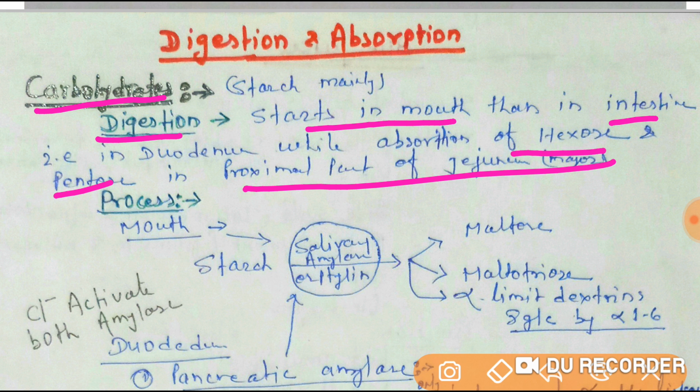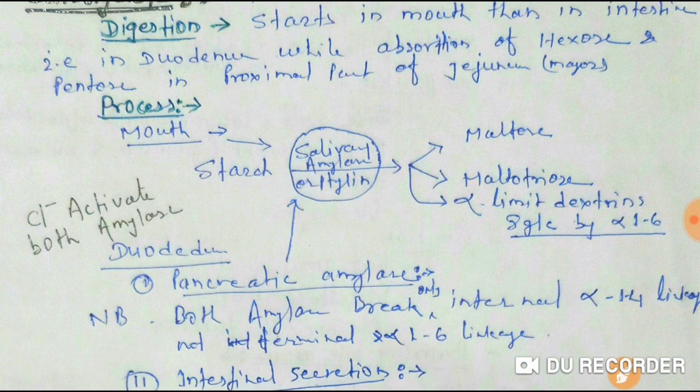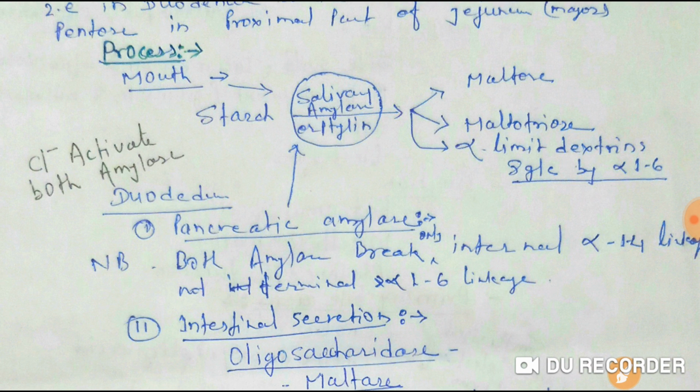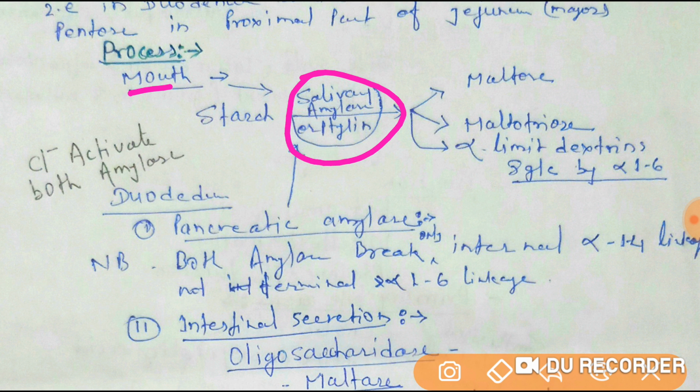Then the discussing topic is the process of the digestion. So start with the mouth. Here in the mouth, the salivary amylase, ptyalin, is present. The main substrate is the starch.